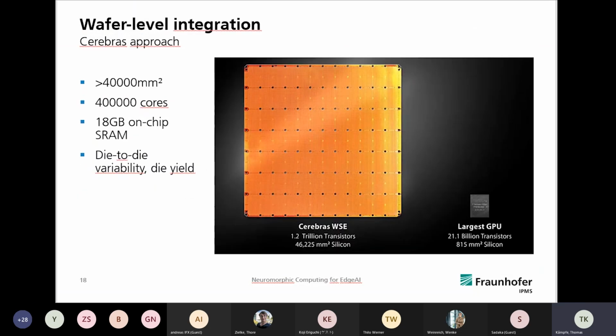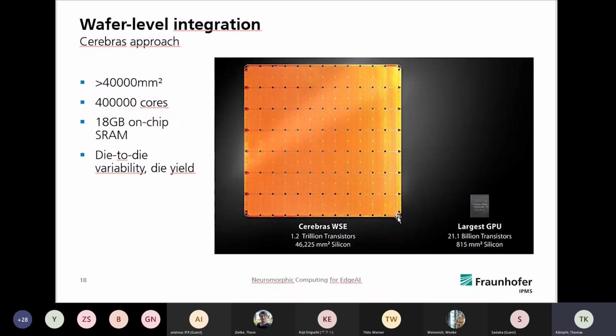On the other hand, I wanted to show you wafer-level integration. Here is an example of such an implementation. It uses wafer-level integration, using a much larger area of a wafer than typically used in chips. Here's a comparison between the largest GPU which has ever been created, and this chip which uses wafer-level integration.